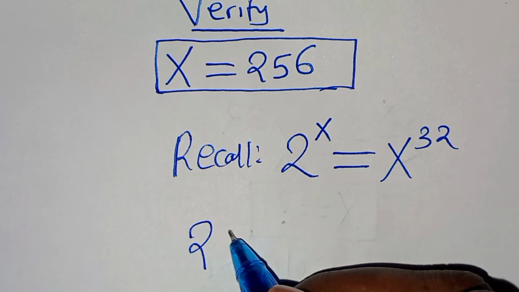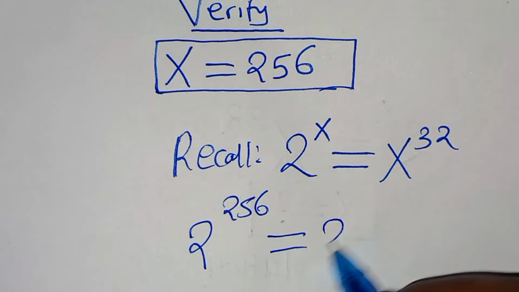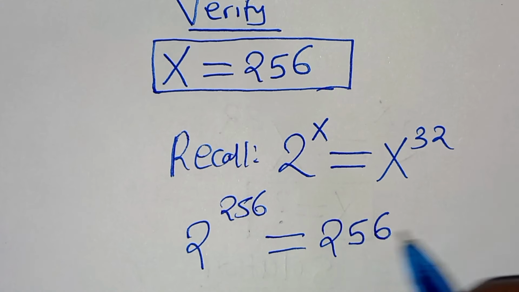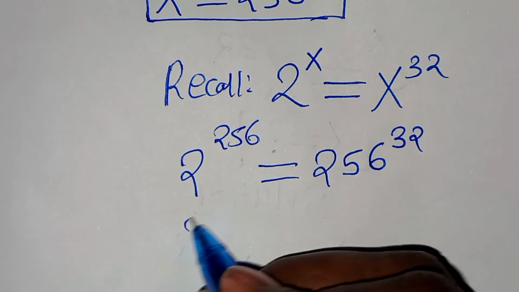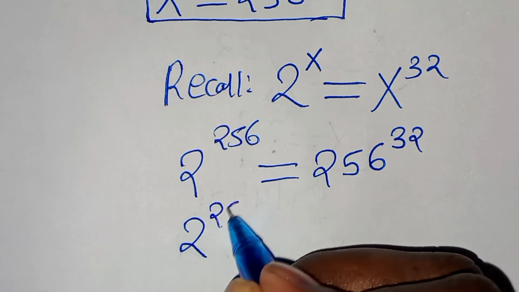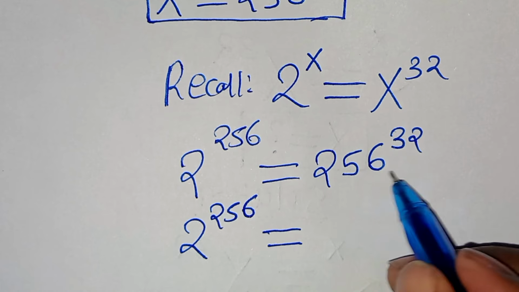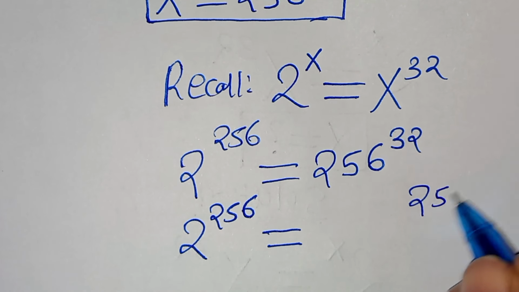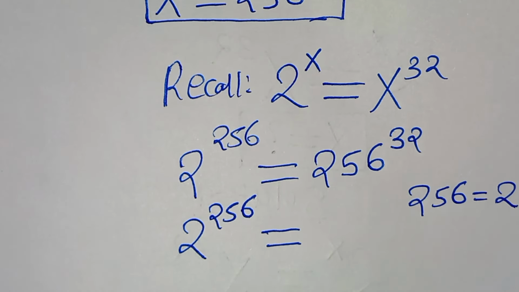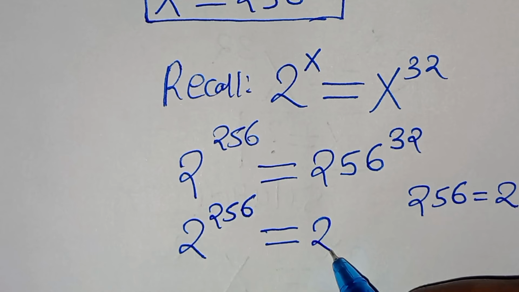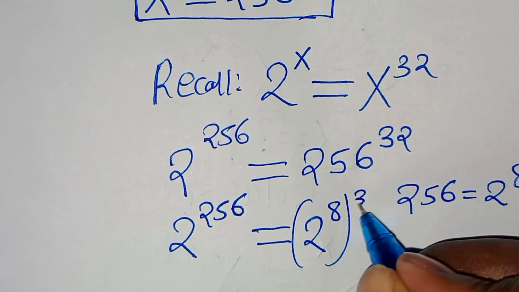We have 2 to the power of 256 equal to 256 raised to the power of 32. We can express 256 as 2 to the power of 8. So we have 2 to the power of 8 raised to the power of 32.